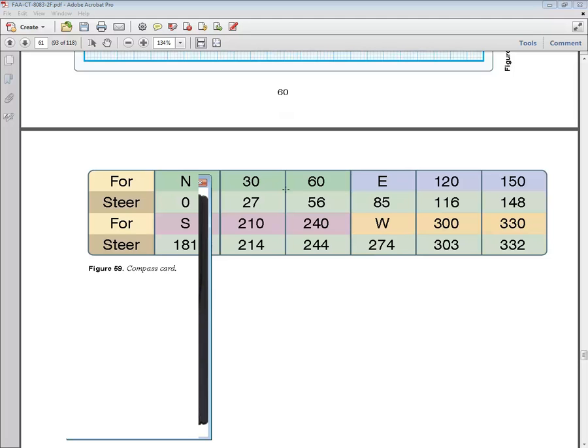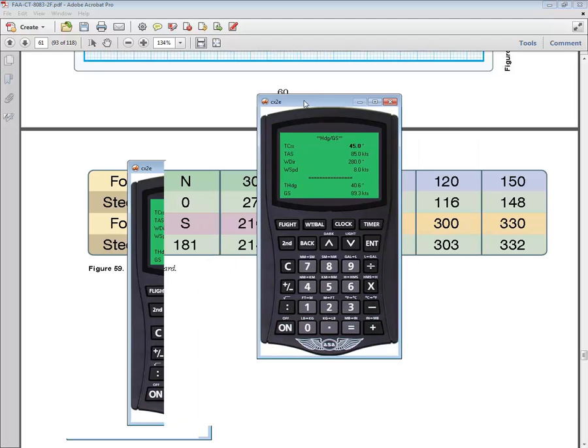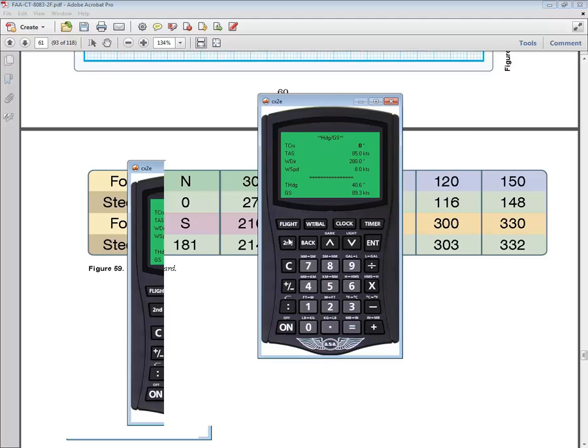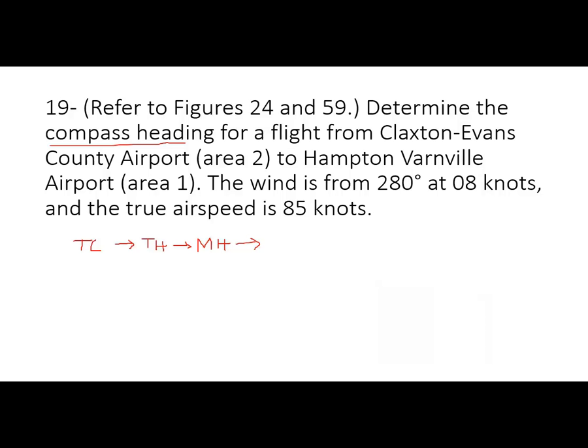So we'll split the difference and subtract 3.5 from our 45.6. When you subtract 45.6 minus 3.5, you get a compass heading of 42.1, and that is the answer for this question. 42.1 degrees is your compass heading.